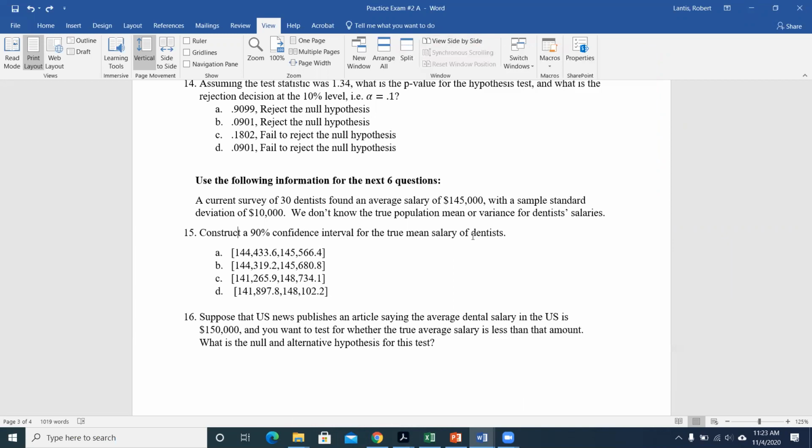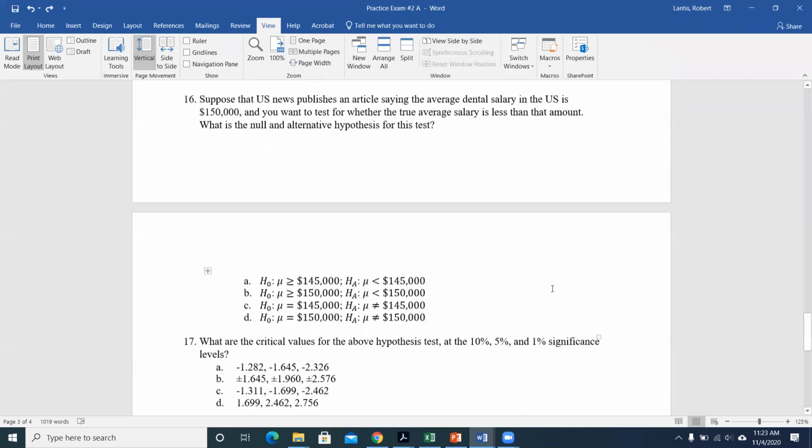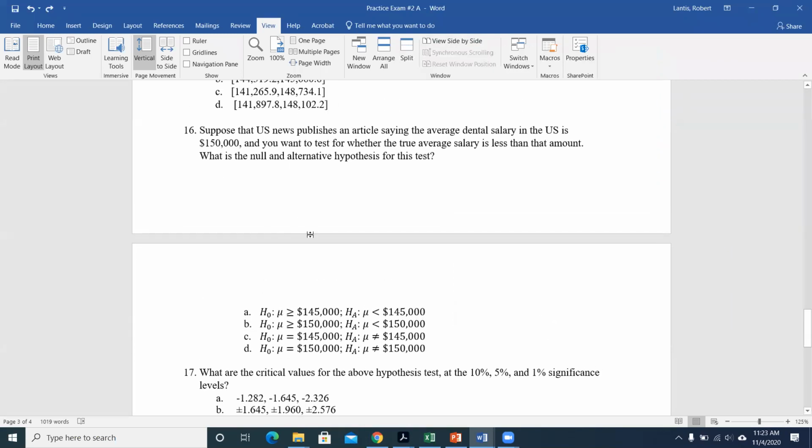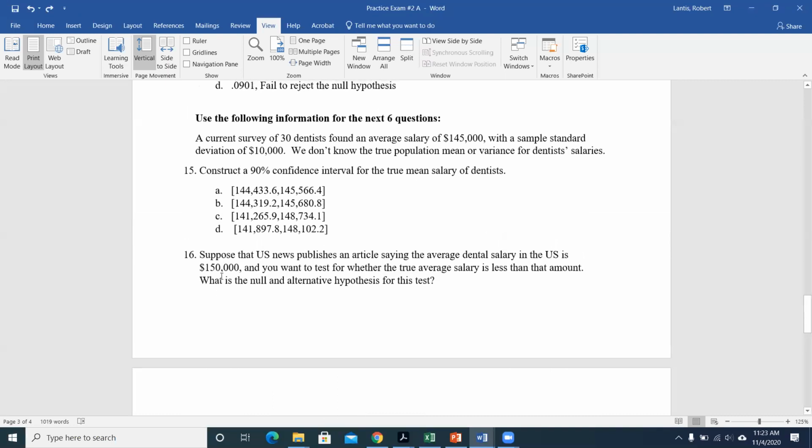All right. So with the next one, we'll keep using the same information. But there's a news article that publishes that the average dental salary is, I don't know, $150,000, right? So we're looking at dentist salaries here. You want to test for whether or not the true average salary is less than that amount. Remember, whatever you want to test for, that's your alternative hypothesis.